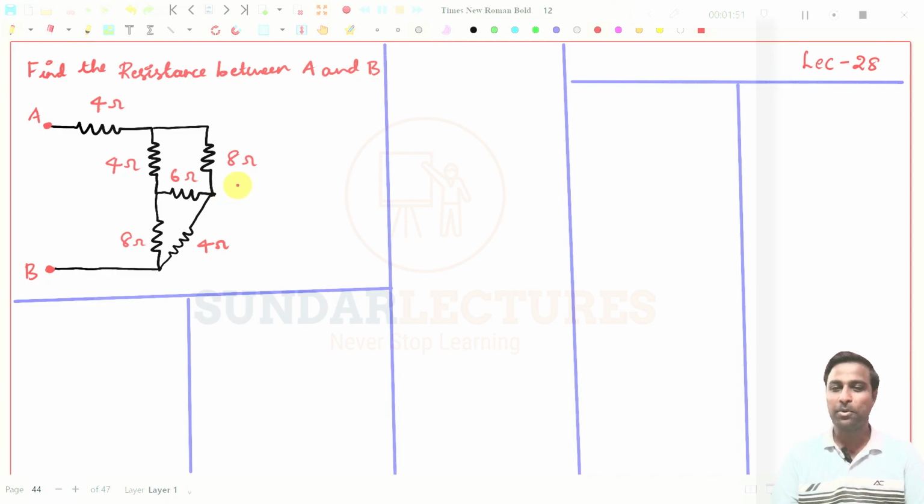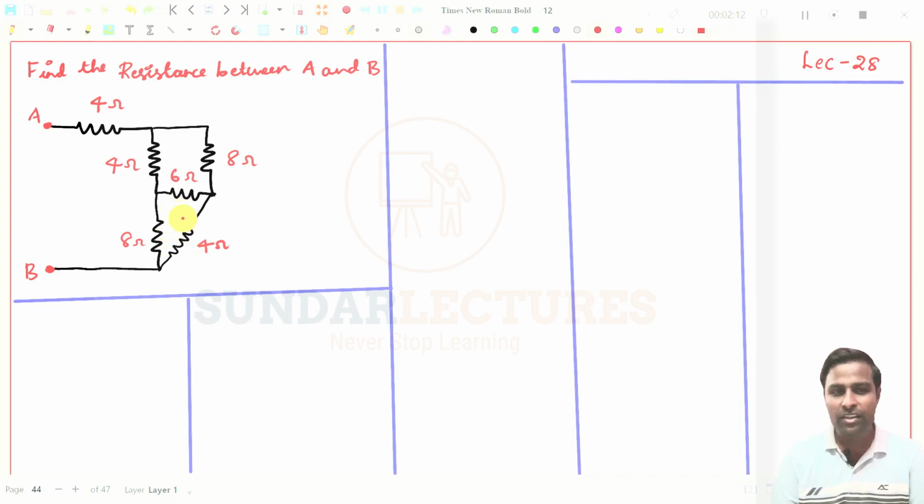That is a big question. I cannot connect the other end. If I connect here, then what happens to this end? That is a problem. This circuit looks like a delta connection.